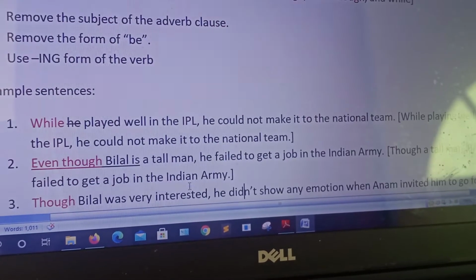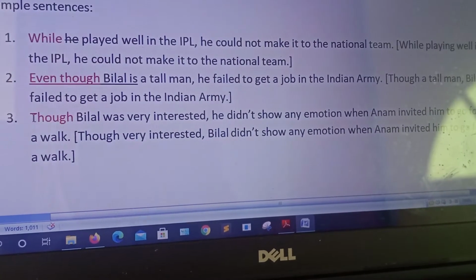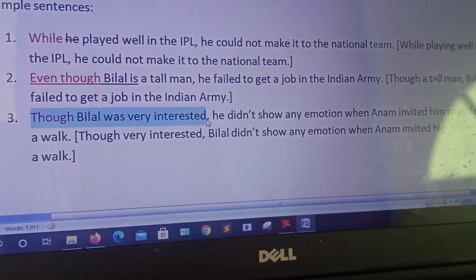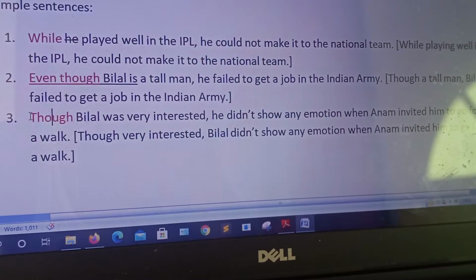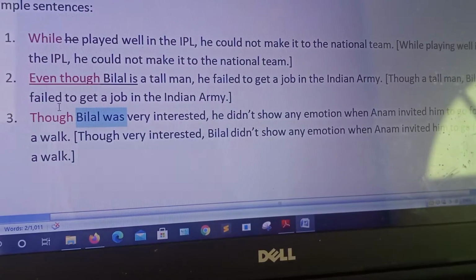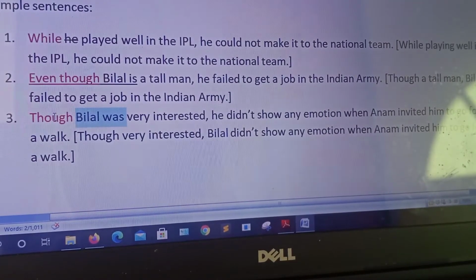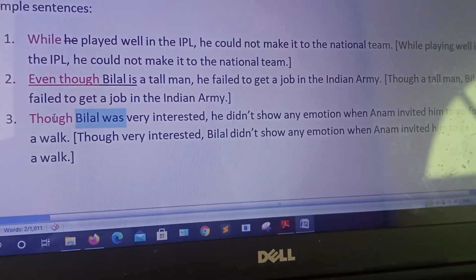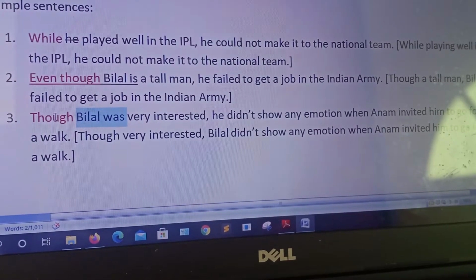Now move to the third example. Though Bilal was very interested. So we need to remove Bilal and was, these two. At the place of even though and though, we can simply use though.